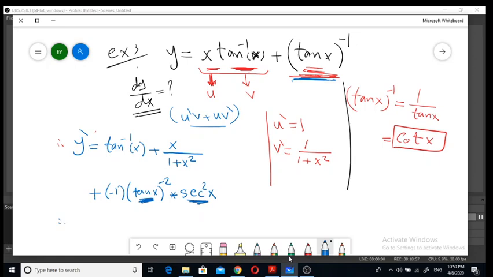Then we can simplify this expression. Y prime is equal to tan inverse x plus x over 1 plus x squared minus tan x to the power -2 times sec squared x.